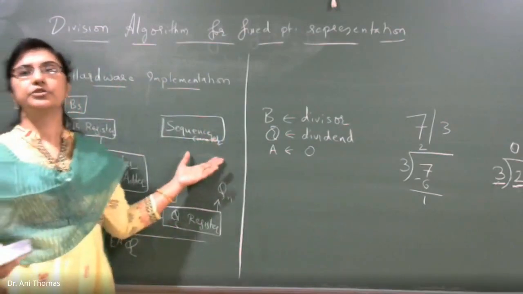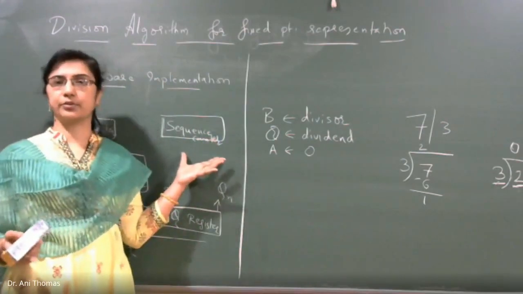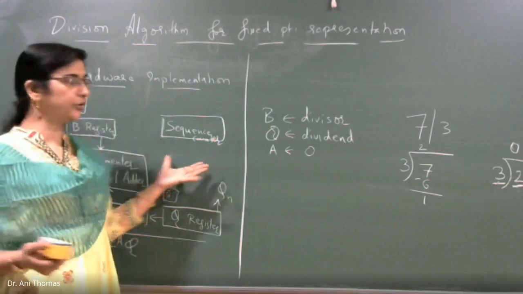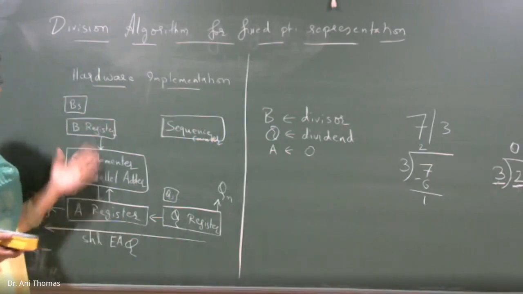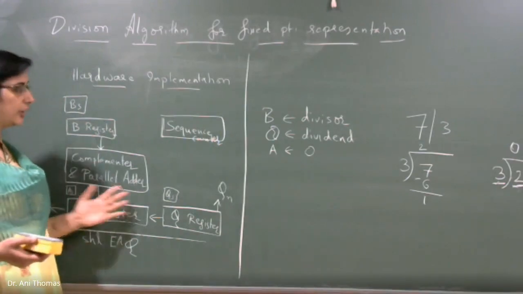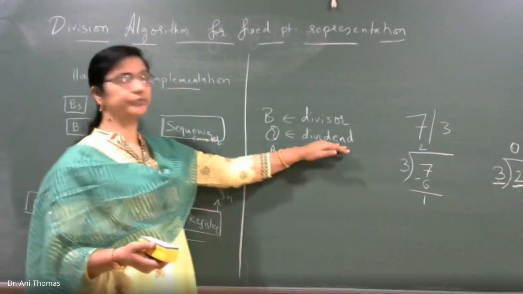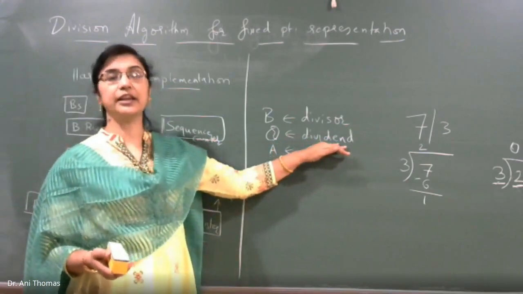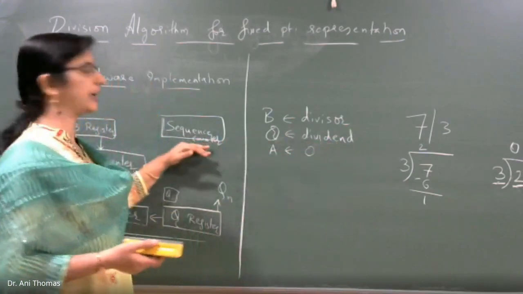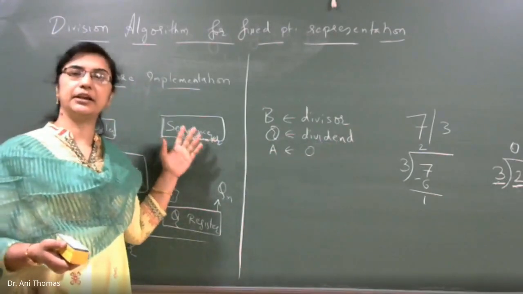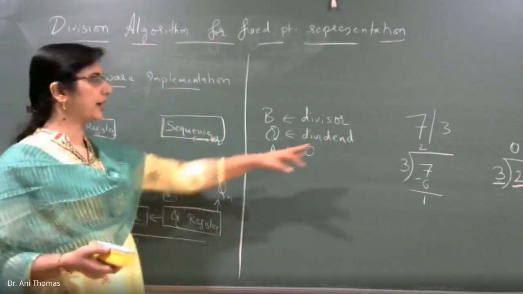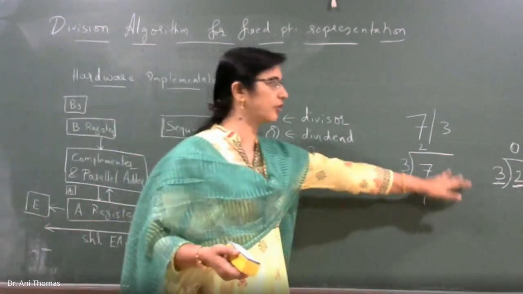Sequence counter. Depending on the number of digits of the dividend will be the initialization value of the sequence counter. Then we decrement it one by one for each step after subtracting and taking all the numbers.